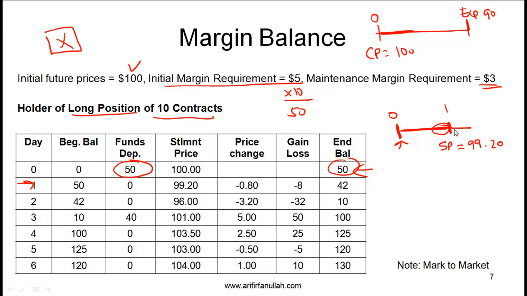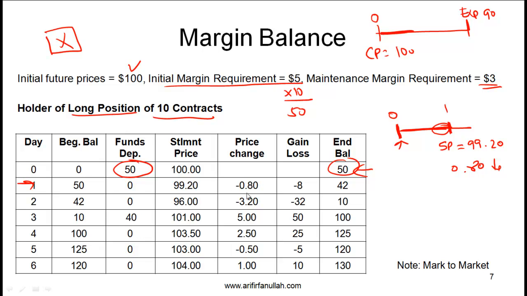This means that at the beginning of day 2, anybody who gets into this contract, expiring again at the end of day 90, so people getting into a long contract over here would get into a contract price of 99.20. Now since the price went down by 80 cents, the long party obviously has not done well, so there is a loss to the long party.